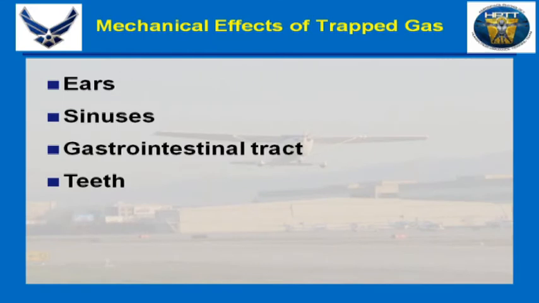The body can withstand enormous changes in total barometric pressure, such as the hypobaric conditions of altitude and the hyperbaric conditions of diving, as long as air pressure in the body cavities can be equalized with the ambient pressure. The gastrointestinal tract, middle ears, sinuses, and respiratory tract are the body structures that normally contain gas. This gas may be swallowed air or other gases generated in the GI tract.